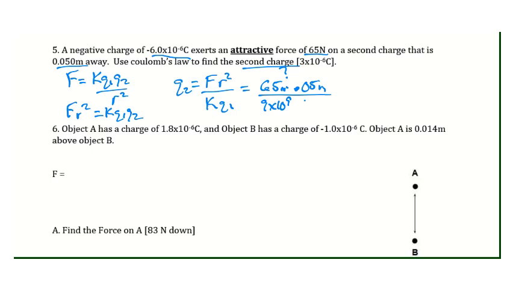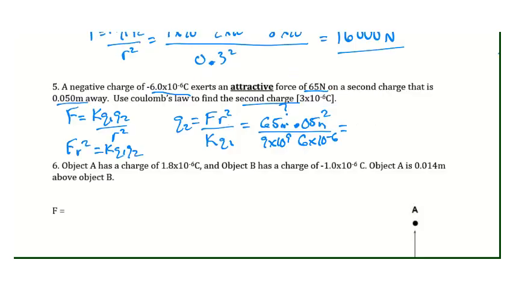And charge 1 is, we're just going to say 6 times 10 to the negative 6, and we'll deal with the sign later. So I'm going to go ahead and plug that into my calculator. I just had to remember to square the 0.05 meters. And when we plug it in, we get 3 times 10 to the negative 6 coulombs as our second charge.